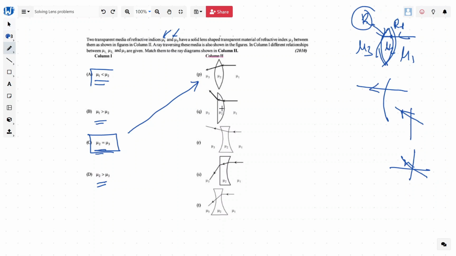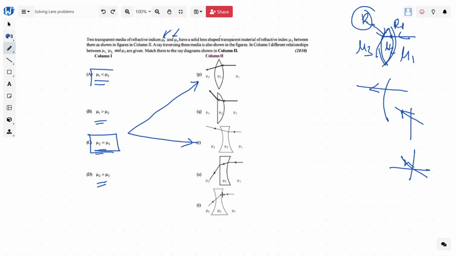And here the ray of light is coming, getting deviated, so not this one. Here the ray of light is coming and now it is passing straight between the mu2 and mu3 interface. This is also the case. Here it is coming on this interface and getting deviated, so this is not true.